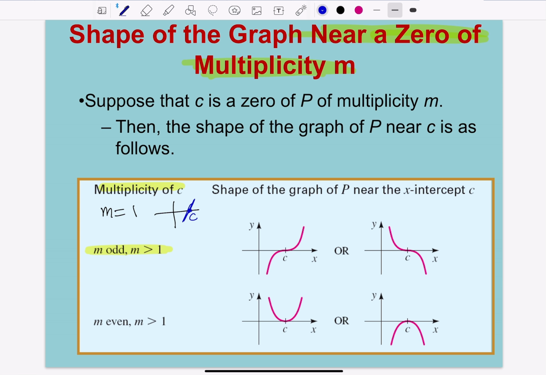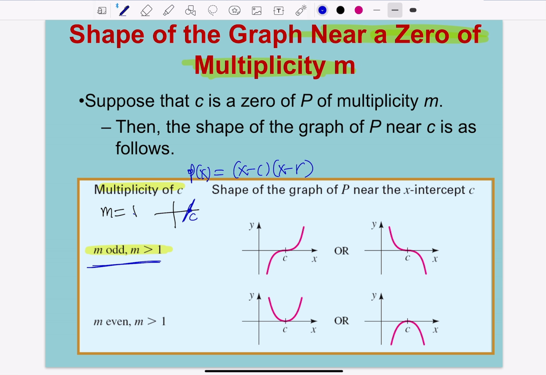But if we have an odd multiplicity that is not equal to 1, for example, if my polynomial is p of x equals x minus c times x minus r, I'm just going to make that up.